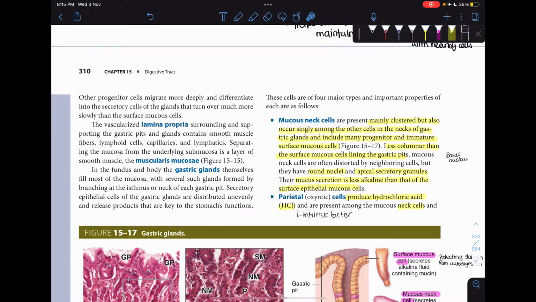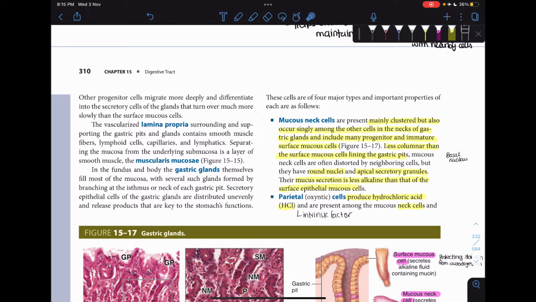The mucous neck cells are also less columnar than the surface mucous cells, which line the gastric pits, and the mucous neck cells are often distorted by neighboring cells, but they have round nuclei and apical secretory granules. Because they have secretory granules at their apex, they have a basal nucleus. Their mucus secretion is less alkaline than that of the surface epithelial mucous cells.